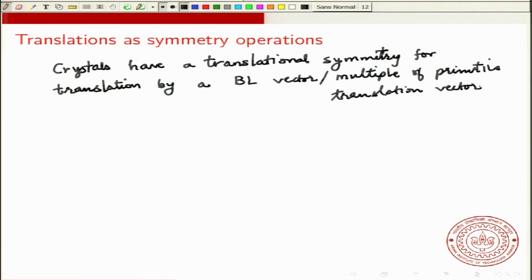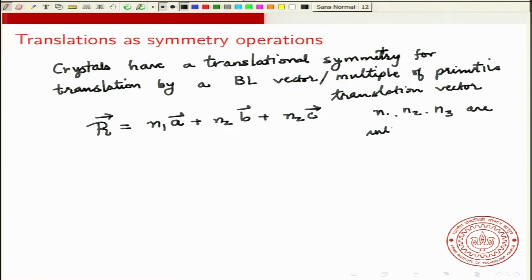For example, if we consider just a lattice instead of a crystal, then you know that if you translate any point by a vector r, which is given by n1 a plus n2 b plus n3 c, where n1, n2, n3 are integers, then you will get essentially an identical point. You will get the same crystal.